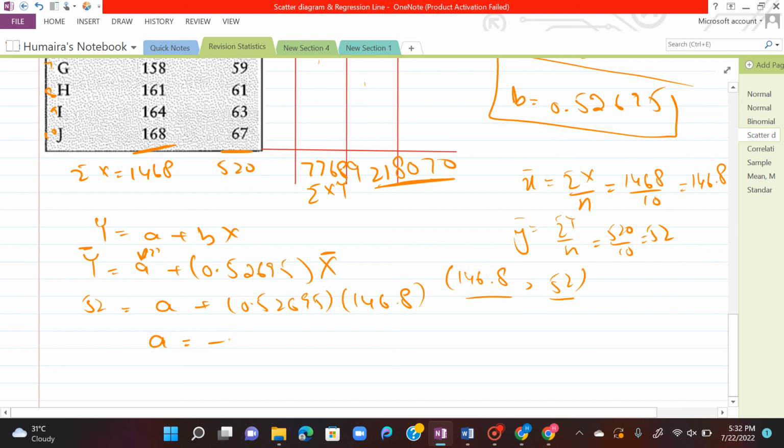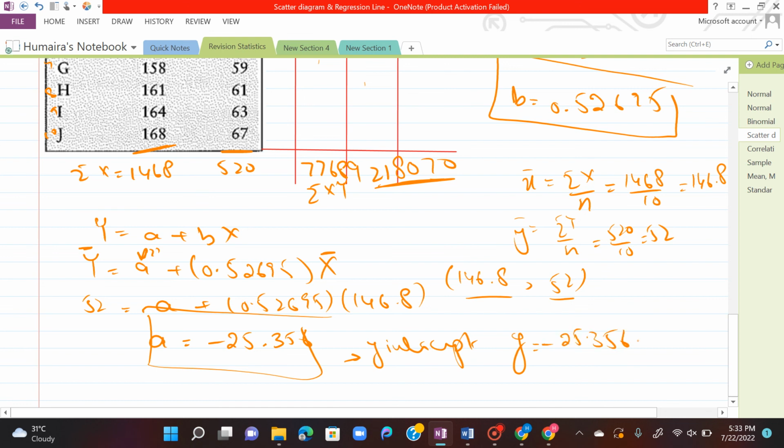Get the value of a as minus 25.356. Okay, so this is the a value. A value means y-intercept value. So the overall regression line is y equals minus 25.356 plus 0.5269x. So this is the overall regression line.